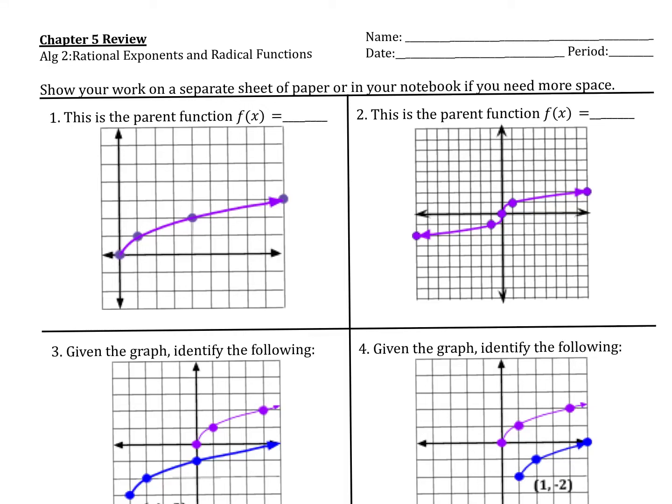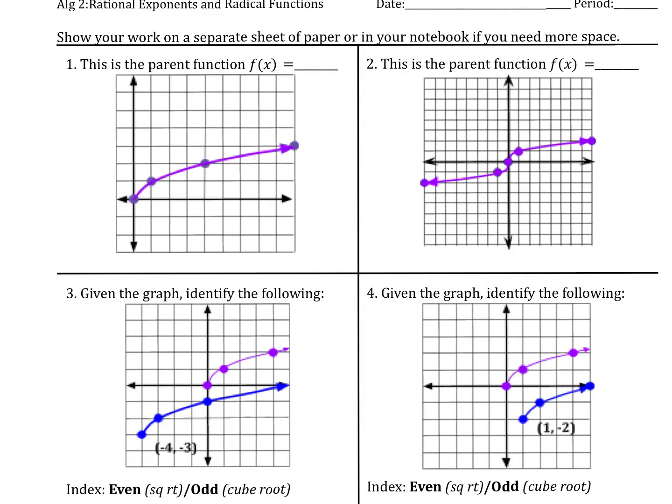Chapter 5 Review: Rational Exponents and Radical Functions. Question number 1: this is the parent function f(x) equals square root of x. If we make a table, it starts from 0, 0.